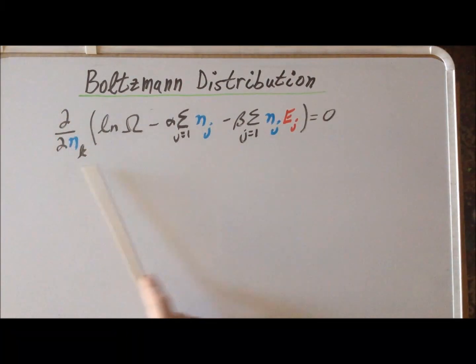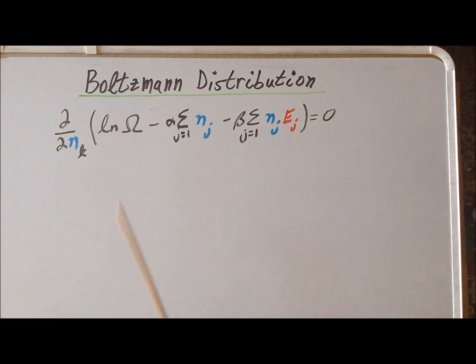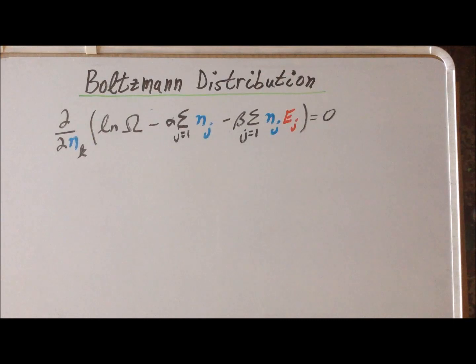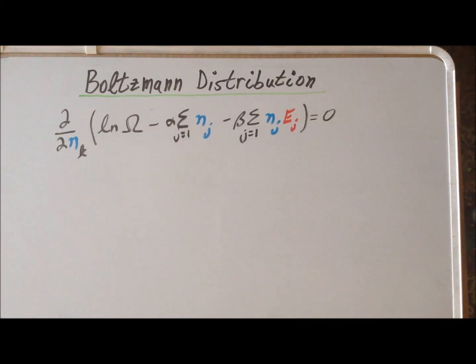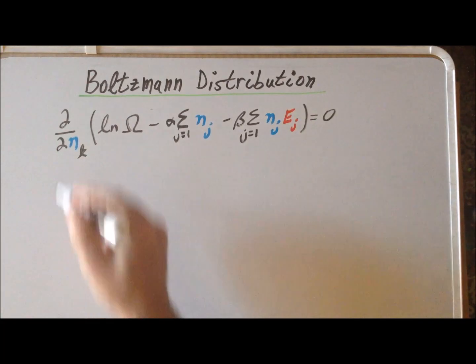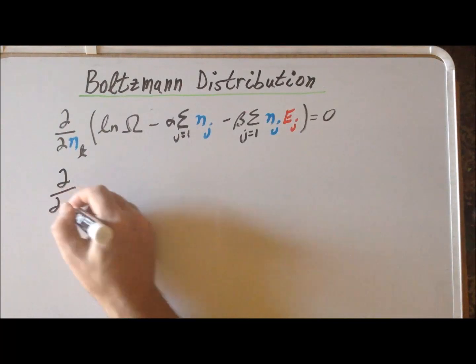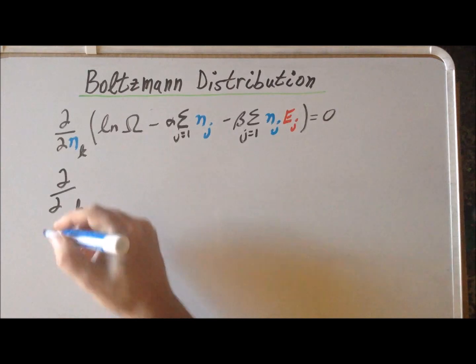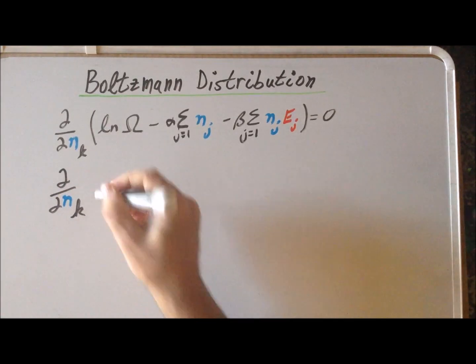Now, to find these particular partial derivatives with respect to n sub k, for the sake of clarity, we're first just going to find the partial derivatives of the natural log of omega, and then we're going to do it with respect to the second and third terms. So we can simply write down the first part that we're going to solve here: the partial derivatives with respect to the n sub k's of just the natural log of omega.